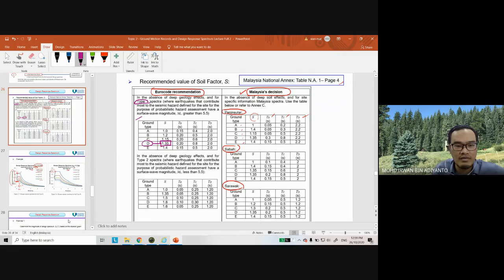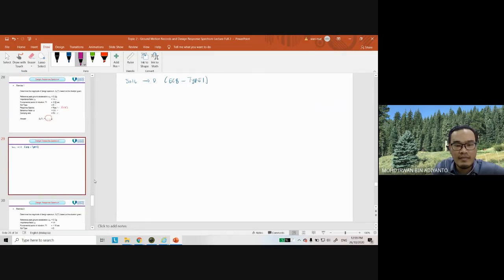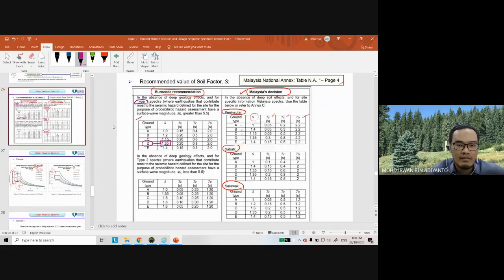So we write down here S is 1.35. How about the TB, TC, and TD? Can anyone tell me what is the value of TB for soil type D? What is the value of TB?